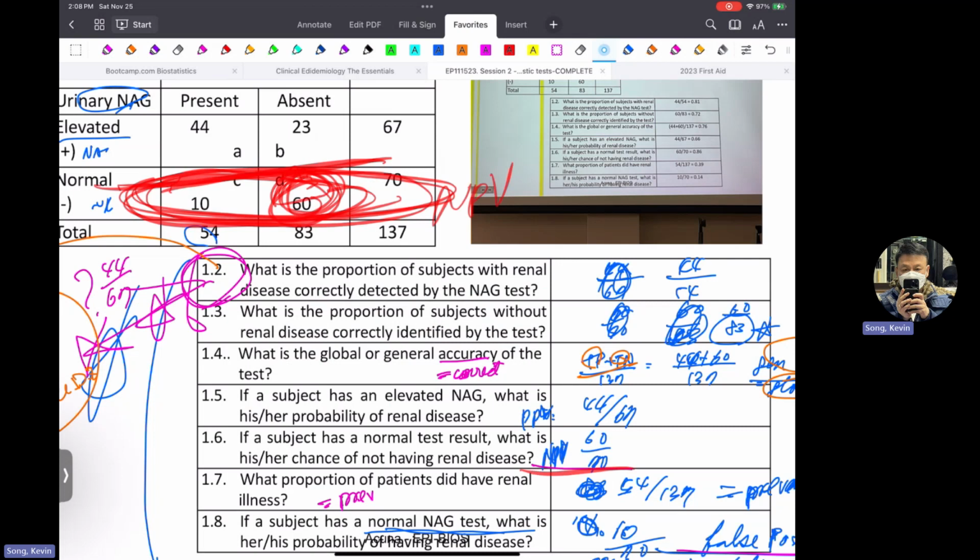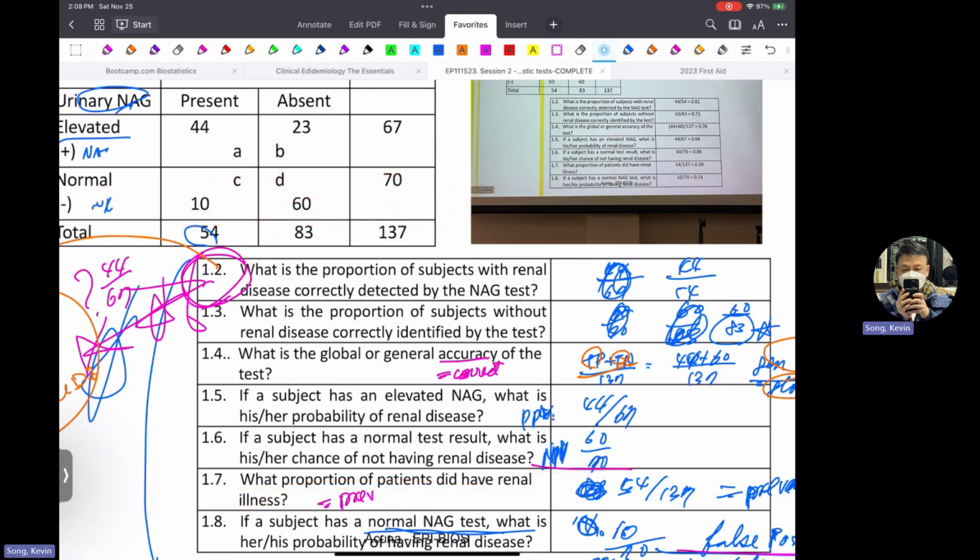All right. What proportion of patients did have a renal illness? This is another kind of question we haven't learned yet. What this simply means is: what proportion of patients did have renal disease?